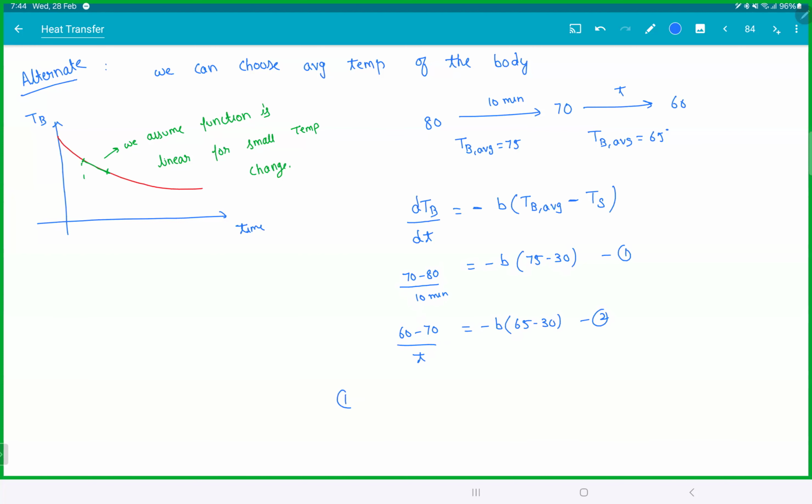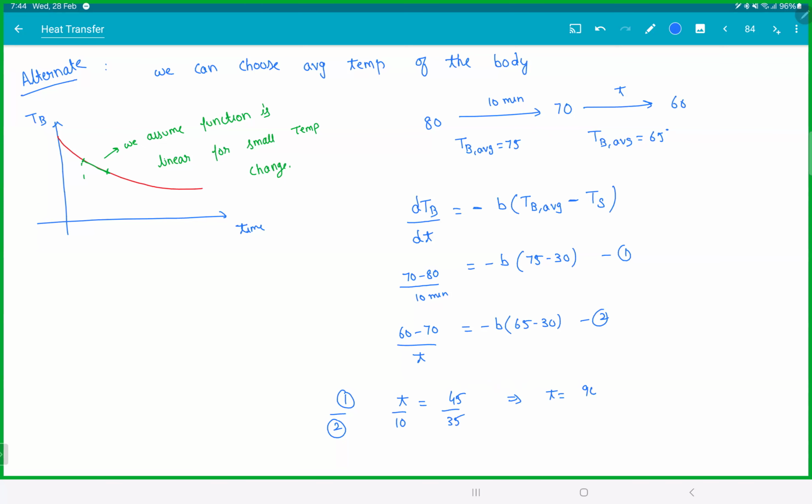Divide equation 1 by 2. You end up with t by 10 is equal to 35 by 45. Sorry, must have it the other way: 45 by 35.